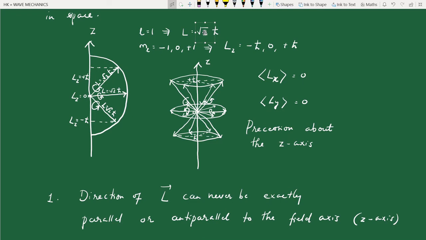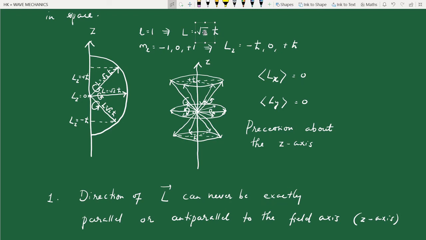So the idea is that the magnitude of the total angular momentum is quantized, and one component of angular momentum is also quantized. When I say total angular momentum, it may include spin also, but let us not consider spin at this moment.